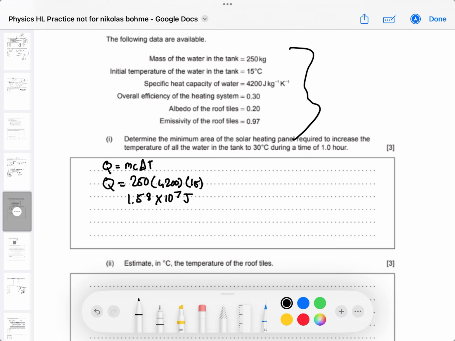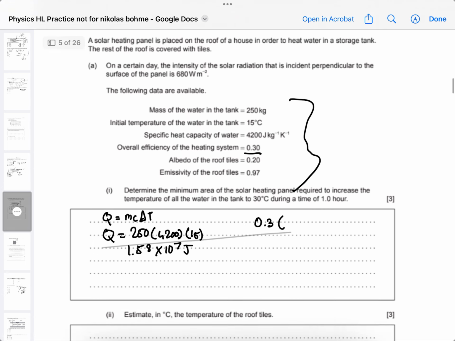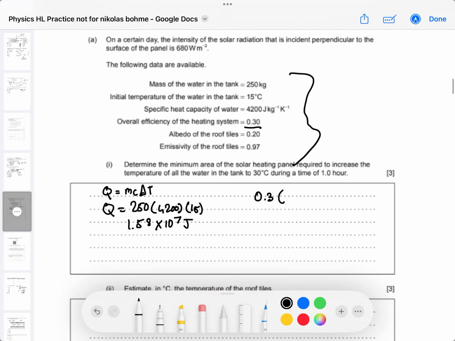So next we have to find the thermal energy that will be absorbed. We know that the efficiency is 0.3, times the intensity which is incident on the solar panel. It says that it is 680 watts per meter squared. Now we multiply this by the area to get the power, and then we multiply the power by the time to get the energy.